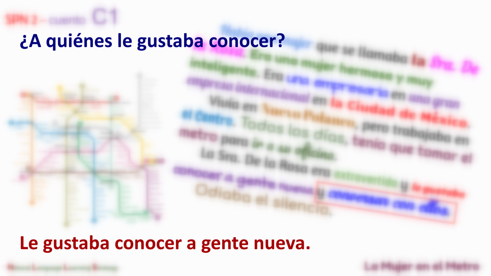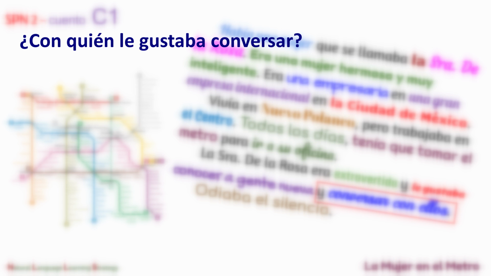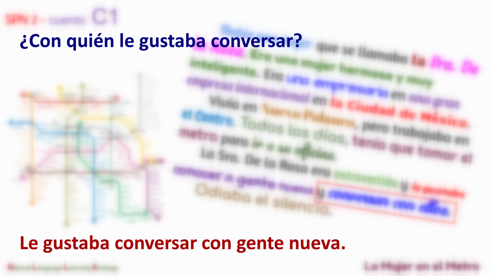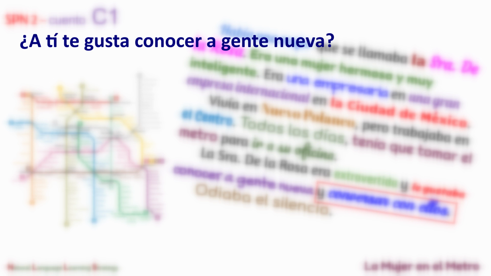Le gustaba conocer a gente nueva. ¿Con quién le gustaba conversar? Who did she like to converse with? Le gustaba conversar con gente nueva. Or, le gustaba conversar con ellos. She liked to converse with them. What about you? ¿A ti te gusta conocer a gente nueva? Do you like to meet new people?